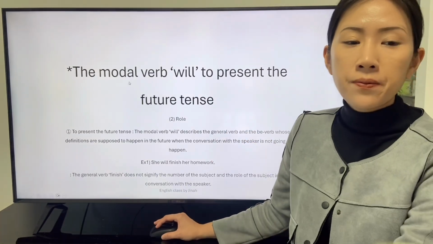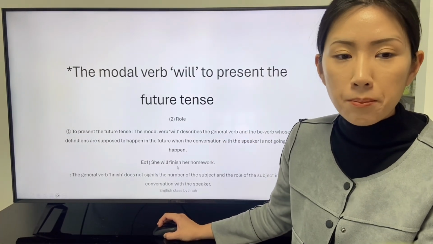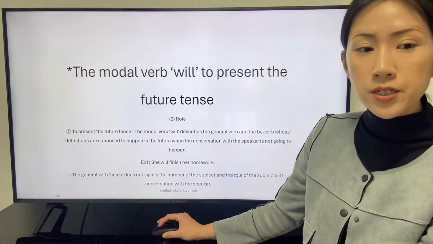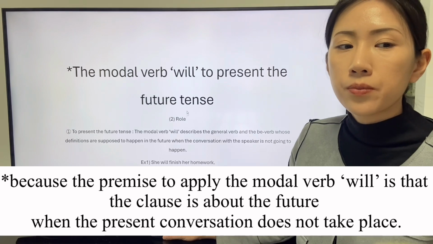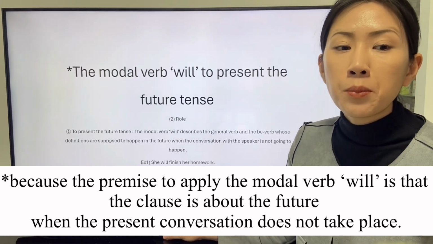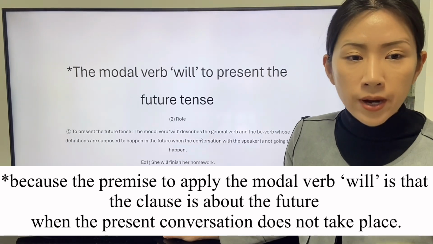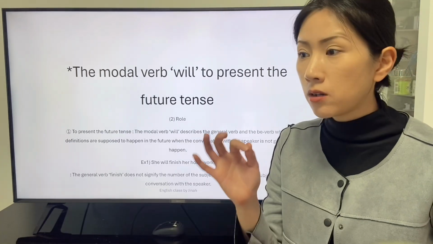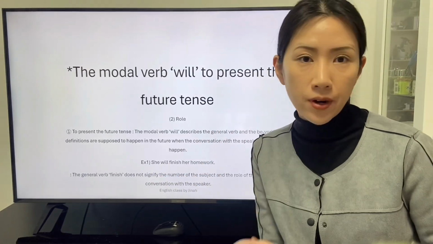The general verb finish does not signify the number of the subject and the role of the subject in the conversation with the speaker, because the modal verb will is applied in a clause with the be-verb.